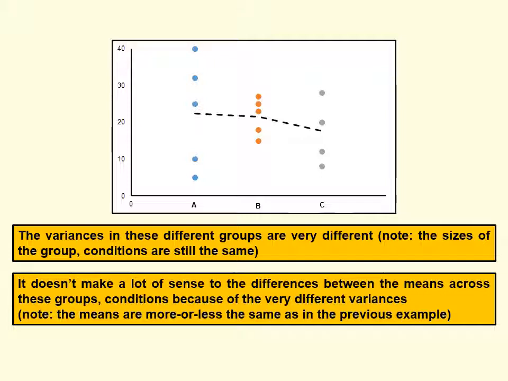So again, this situation is very hard to work with. The situation from my previous slide is easier to work with because the variances in the different groups or conditions are about the same.